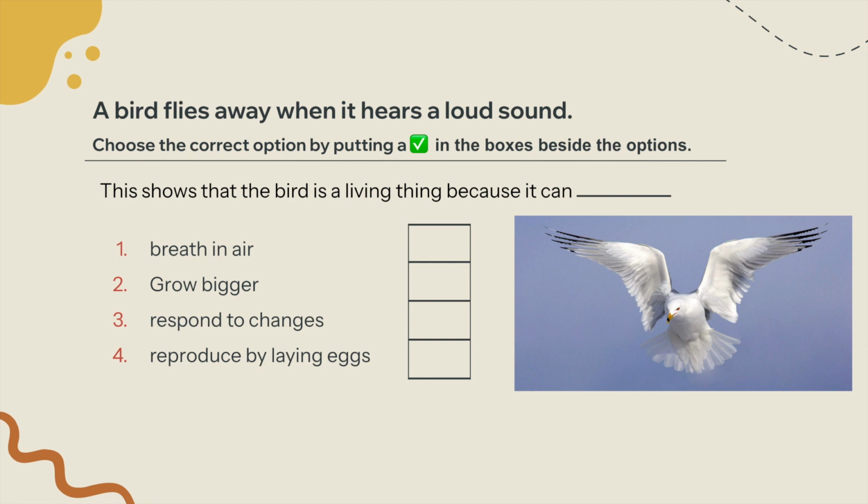Next is, a bird flies away when it hears a loud sound. Choose the correct option by putting a tick in the boxes beside the options. This shows that the bird is a living thing because it can breathe in air, grow bigger, respond to changes, reproduce by laying eggs.